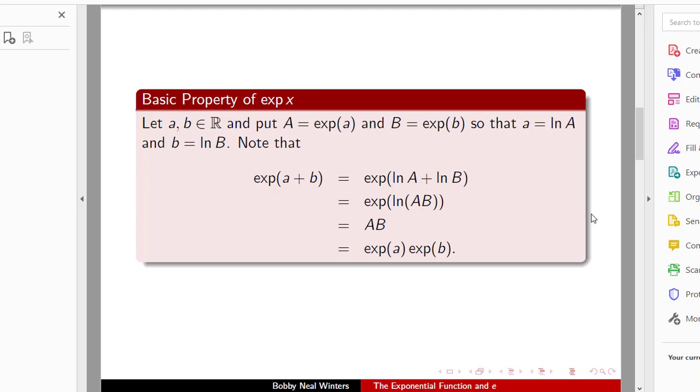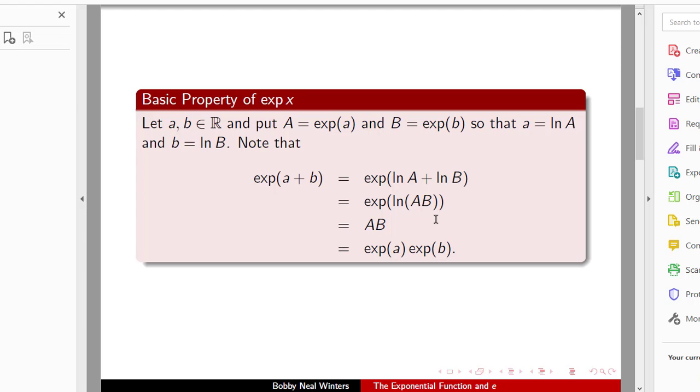So by definition we have little a is the natural log of capital A, and little b is the natural log of capital B. So what we can do is just note that the exponential of a plus b is the exponential of the natural log of A plus the natural log of B. Well, the natural log of A plus the natural log of B is equal to the natural log of A times B, which, since exponential is the inverse of log, this is A times B, and so this is equal to the exponential of a times the exponential of b.